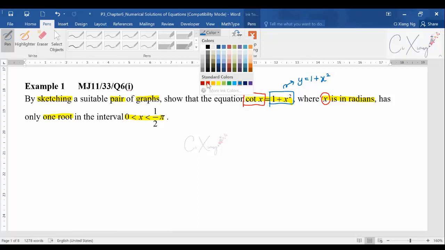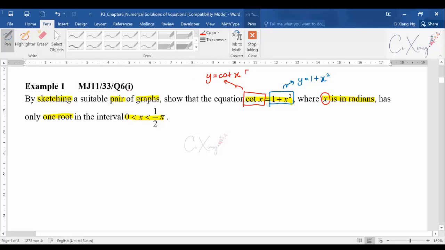For y equals cotangent x, again, if you forget how to draw, you can refer to the graph or search it online. I think we covered it before in chapter 3 in trigo, for the A2 syllabus. So you can have a look at the chapter 3 notes. From 0 until pi over 2, when you sketch the graph, it will look something like this. I'm interested only from 0 until pi over 2. So this is pi over 2.